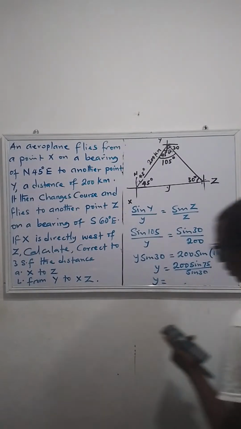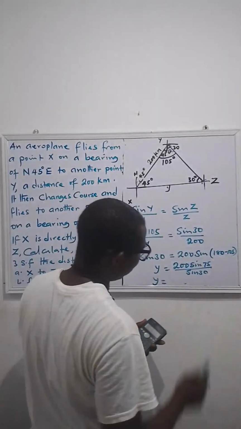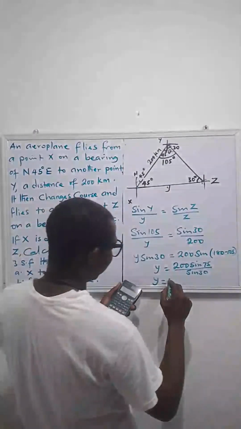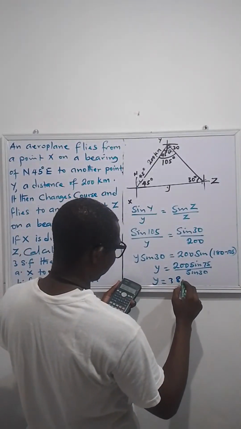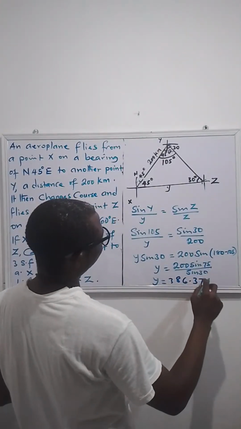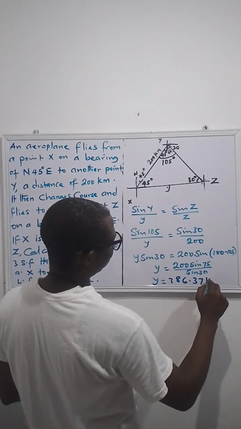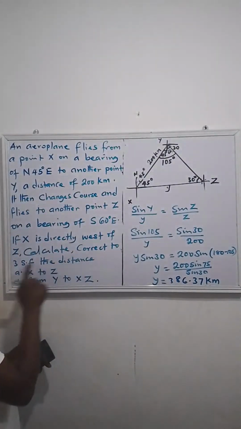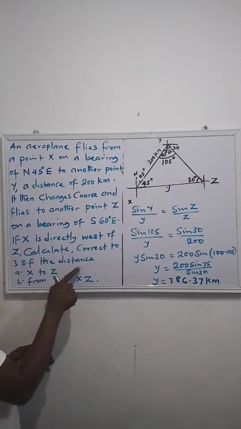If you compute that, just like Zakaria and Okiki have done, you are going to have 386.37. That's going to be in kilometers. But now let's look at the question. The question says correct to 3 significant figures.